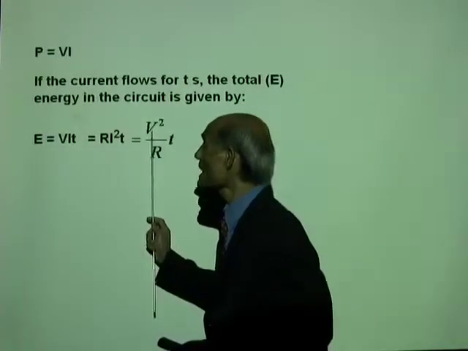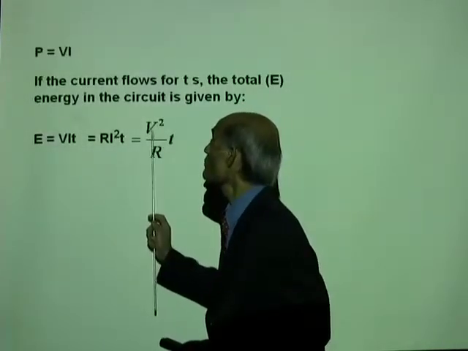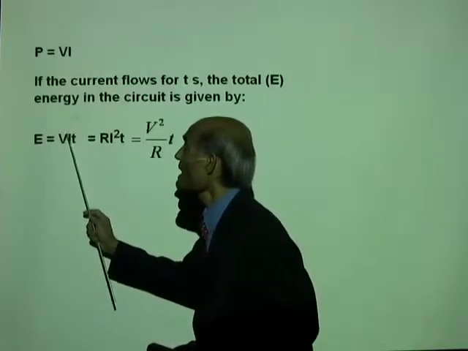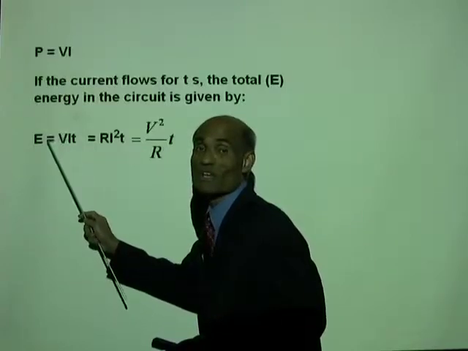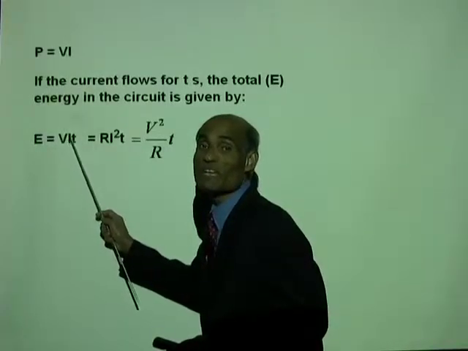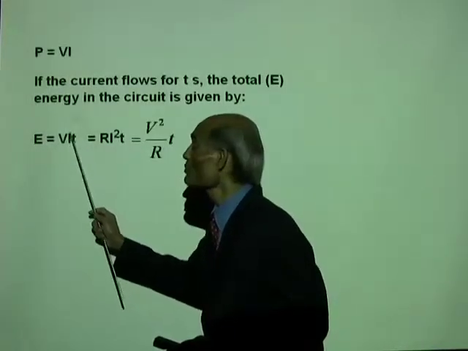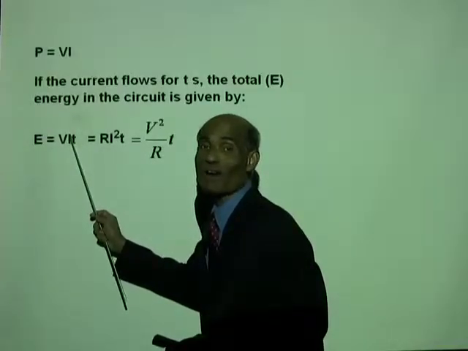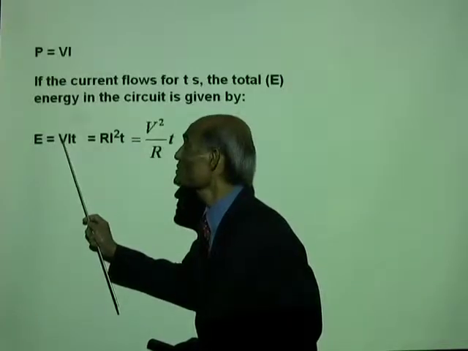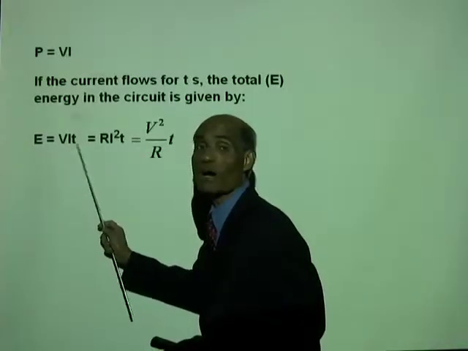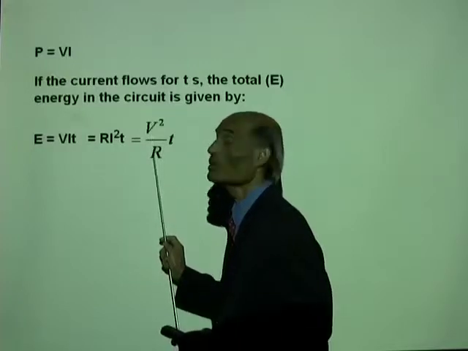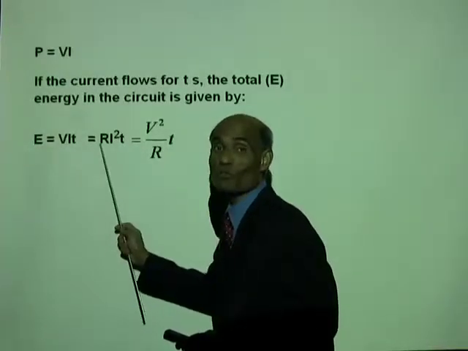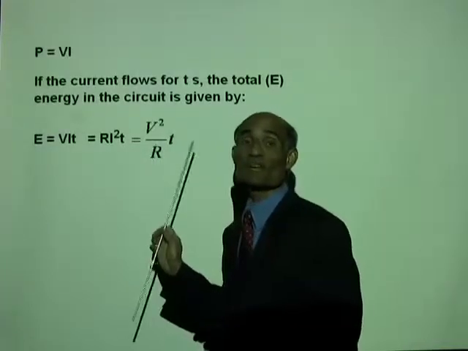And I can also write it as V squared over R times T. How did I do that? Look at this equation. Energy equal to VIT. Use Ohm's law to write I as V over R. So that will be V times V over R, becomes V squared over R times T. So look at the three forms of the energy equation.